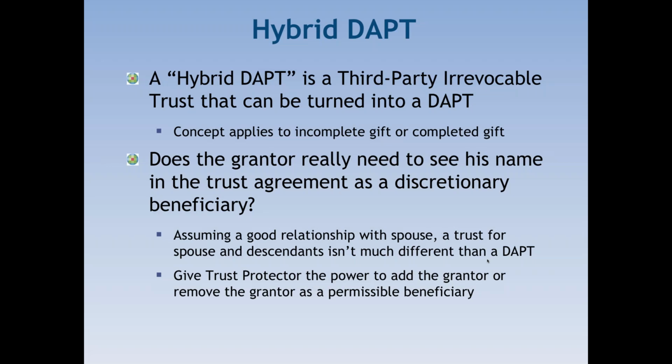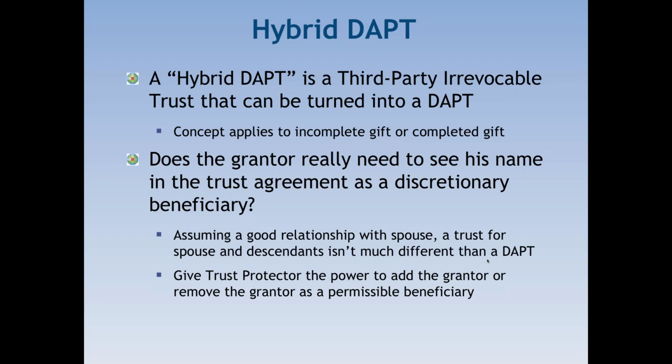So the grantor doesn't really need to see his name in the trust agreement as a discretionary beneficiary. Assuming a good relationship with a spouse, a trust for a spouse and descendants isn't much different than a DAPT. But also, as we said before, you give the trust protector, somebody that you really trust, or an attorney or a fiduciary, provisions in the trust where they have to act in your best interests legally by law.